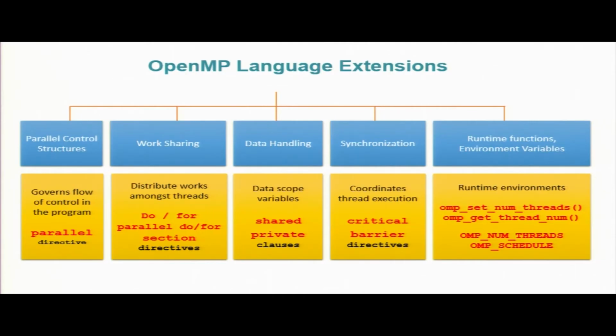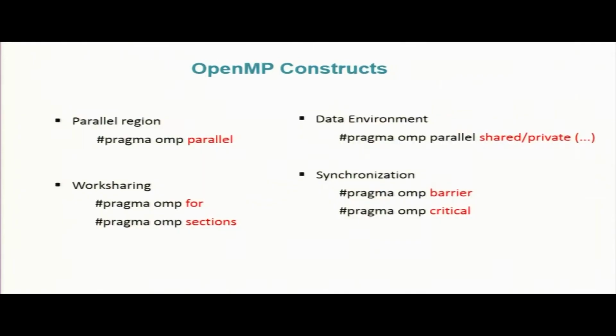Synchronization we have talked about: wherever there can be race conditions, we have to synchronize our data, so we have constructs to handle the synchronization part. Then there are library functions and environment variables, through which again we have control of the OpenMP program.